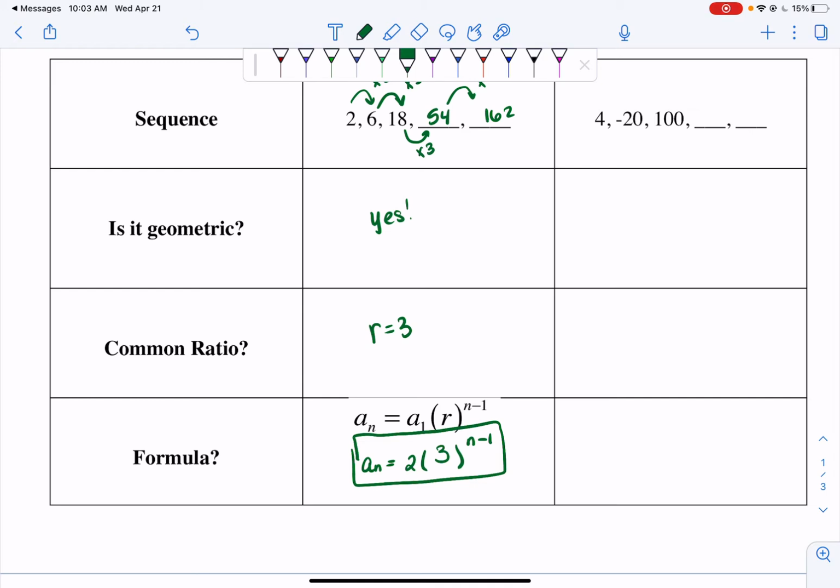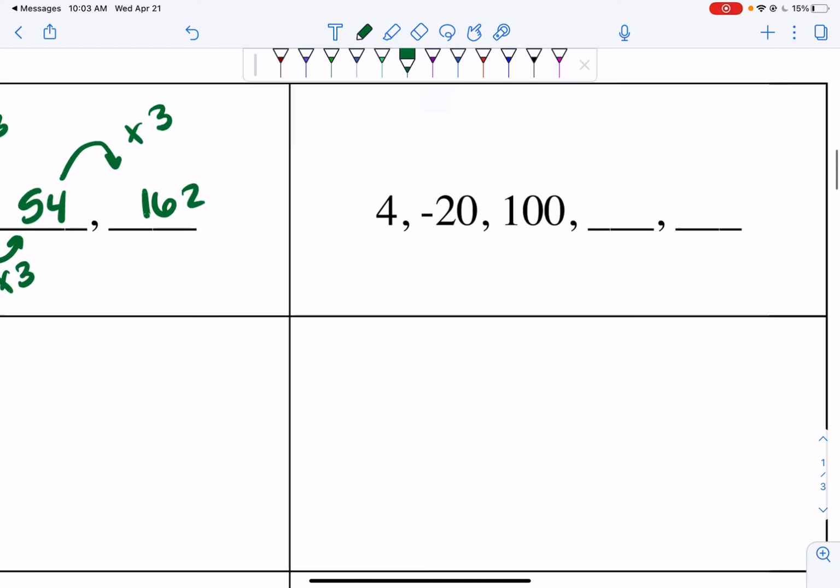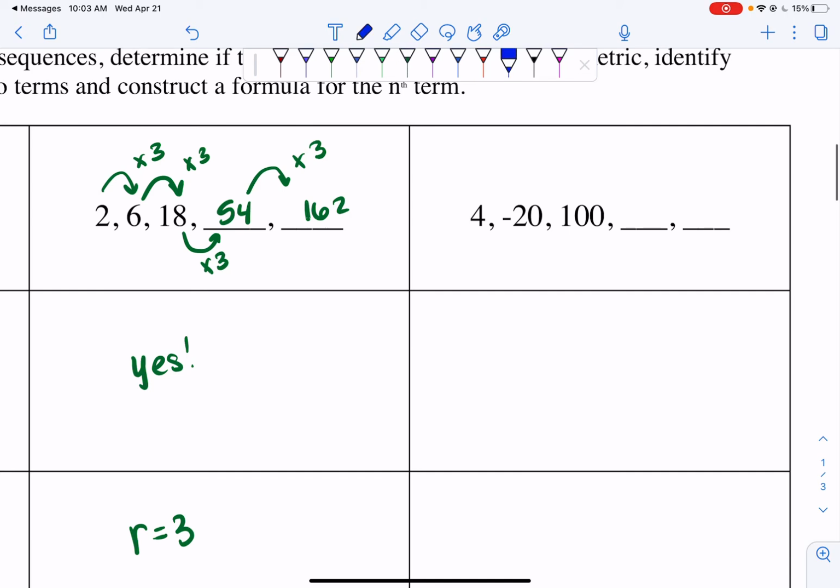All right, let's go on to our next example. In our next example, we have 4, negative 20, 100. The first thing we have to ask ourselves is, how do I go from a 4 to a negative 20? I multiply by a negative 5. Negative 20 to 100, I also multiply by a negative 5. So now for my next term, I multiply by negative 5 again. 100 times negative 5 is negative 500.